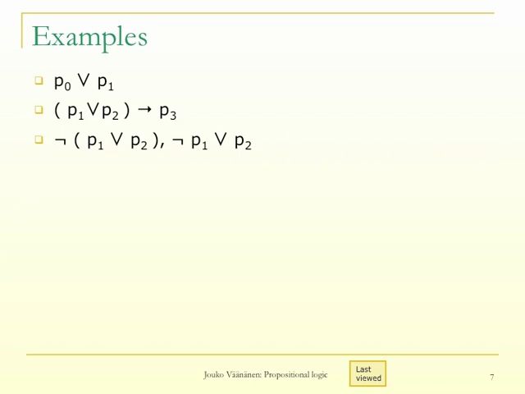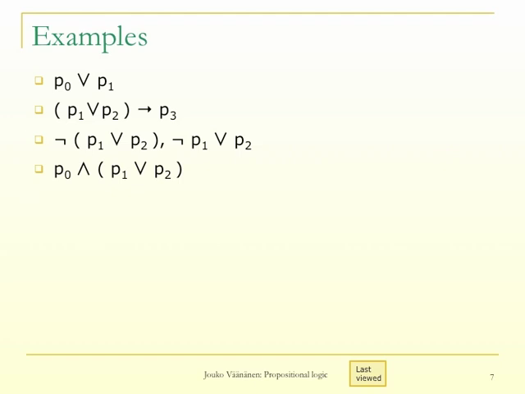If the formula was (not P1) or P2, the intuitive meaning would be something that could be said a bit clearer as either it is not the case that P1 is true or else P2 is true.